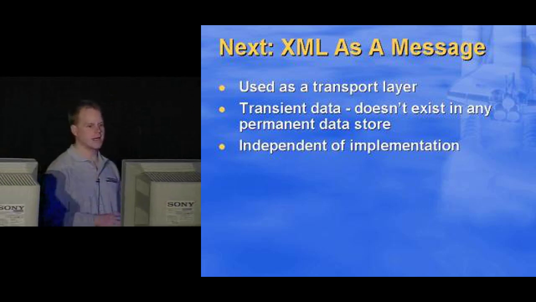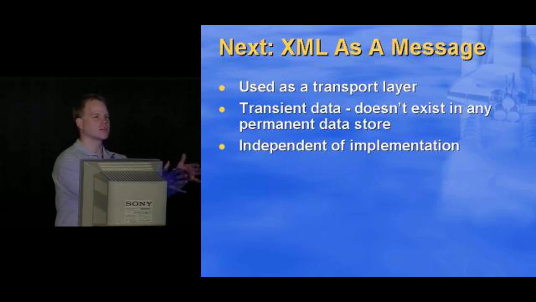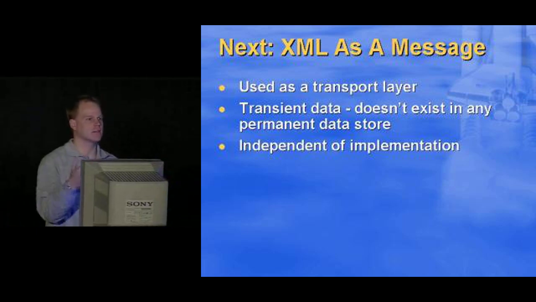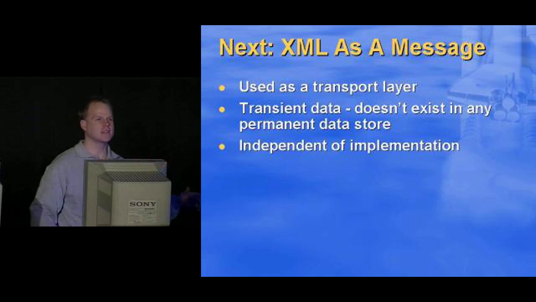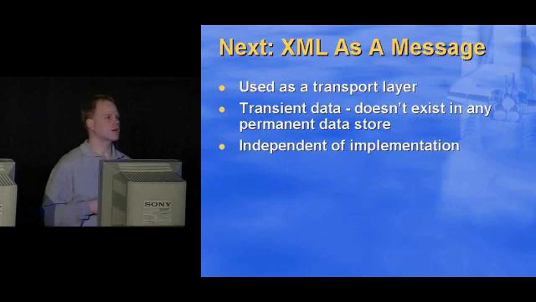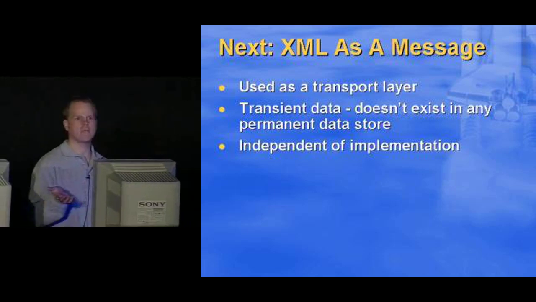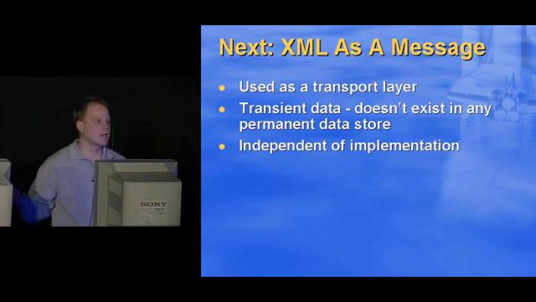So we're not tied. It's transient data. It's data that's a particular snapshot of an instance of interaction, and it doesn't exist in a particular data store. So, for example, you and I might be talking over the internet, and I send you a mail message format. That mail message may not be stored in a data store as it's traveling along the internet.